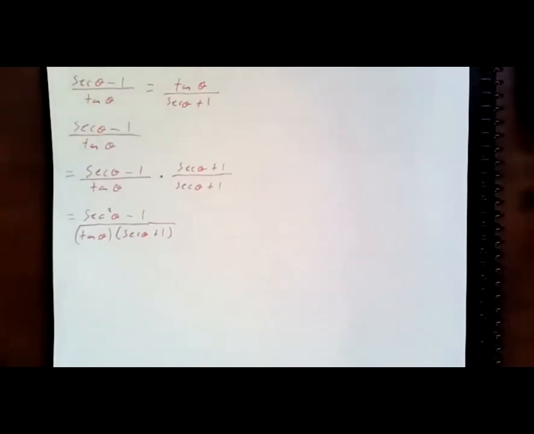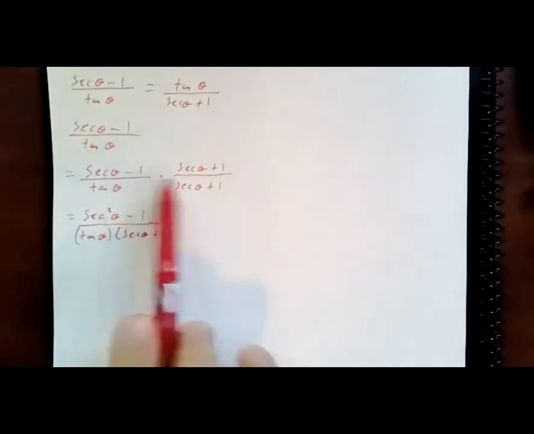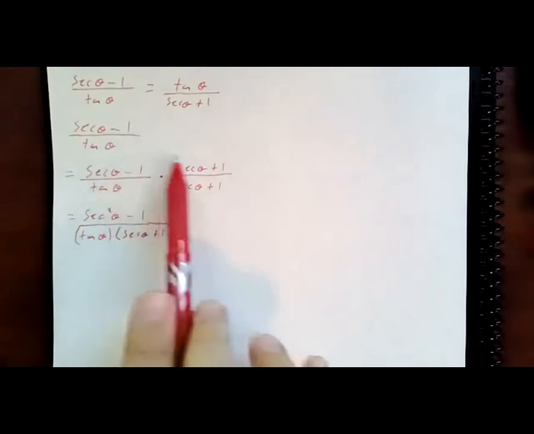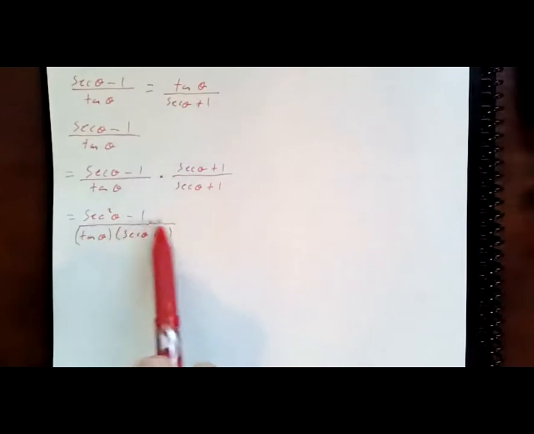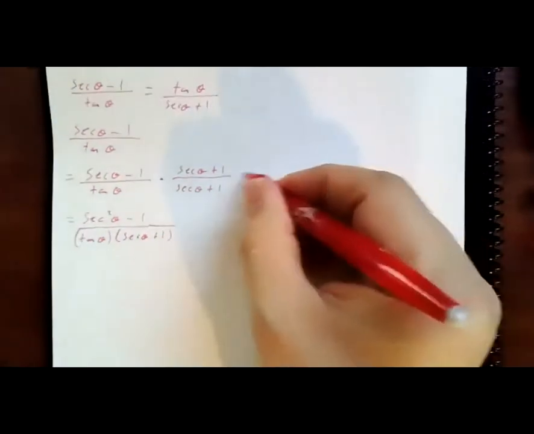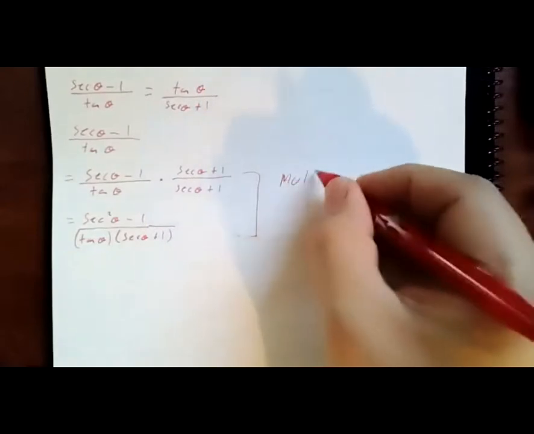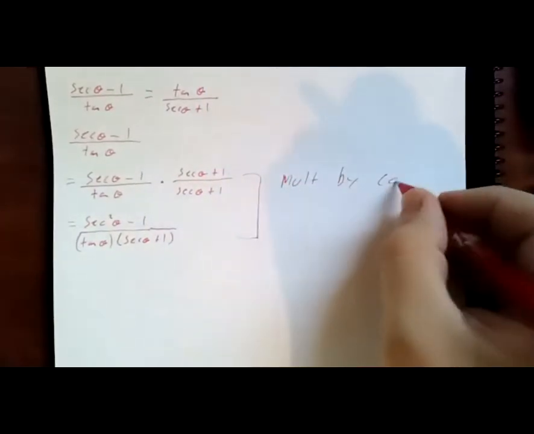Okay, so top part multiplies this way. So if you do secant times secant, secant times 1, minus 1 times secant, minus 1 times 1, you'll end up with this. I'm going to skip that algebra step. So here we multiplied by conjugate.